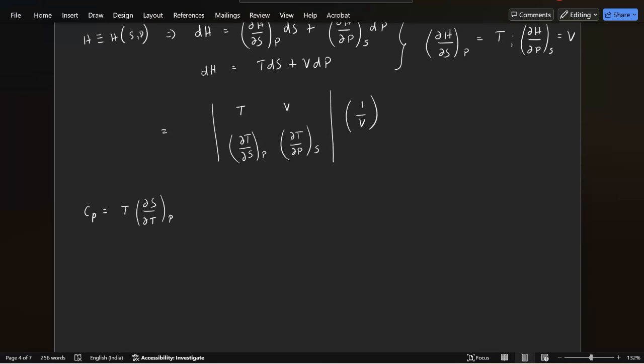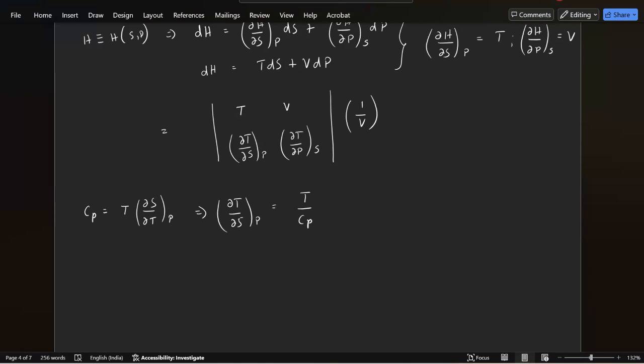Is this the Cp formula? Yes, sir. Then del T by del S at constant P is just going to be equal to, I'm just inverting this, 1 by Cp, 1 by T, the T will go up, so T by Cp. Okay, so this is this term.